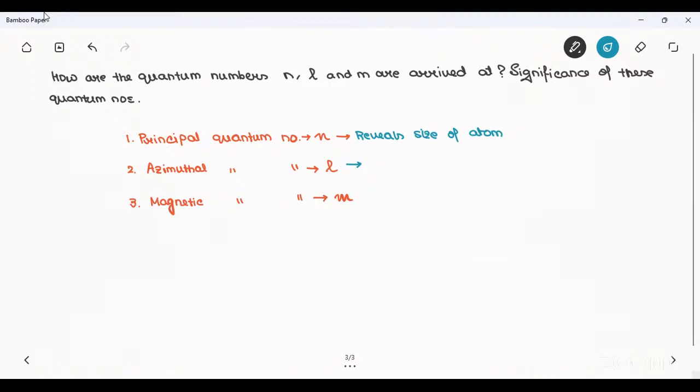What does this do? It was proposed by Sommerfeld and is known as the angular momentum quantum number or subsidiary quantum number. This indicates mostly the shape of the orbitals.